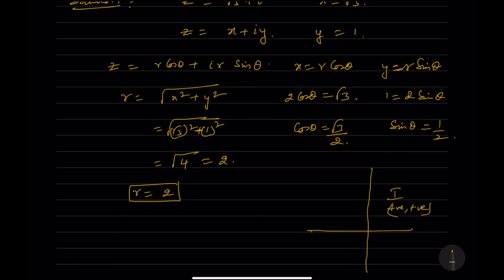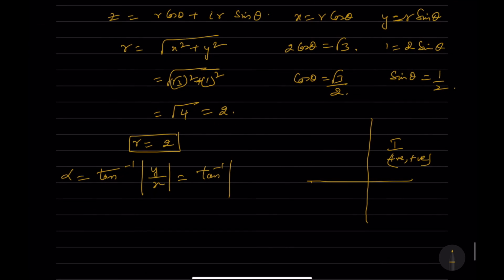So therefore you can write alpha as tan inverse of mod of y by x, which is equal to tan inverse of 1 by root 3, which is equal to tan inverse of tan pi by 6. So tan and tan inverse will get cancelled, so you're getting alpha is equal to pi by 6.